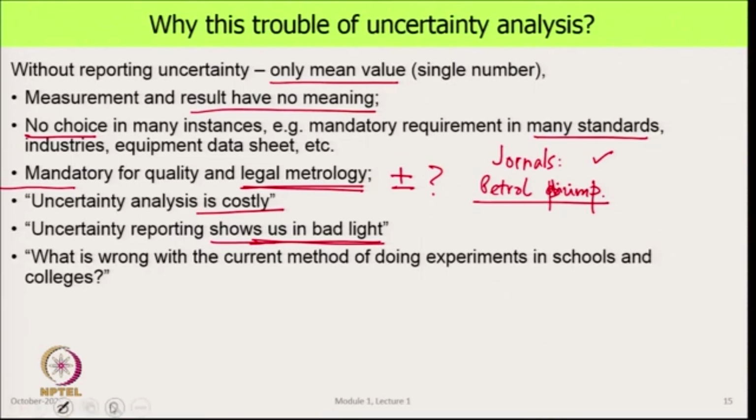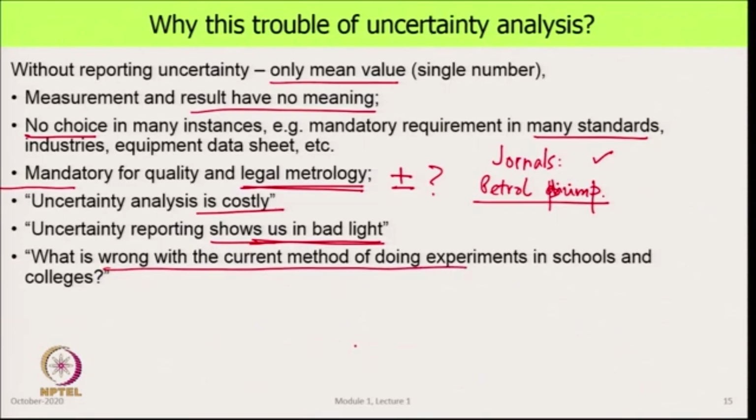And this last question that I put is in the context of education, schools and colleges, where in most cases we just report a number or plot points without showing the uncertainty bands, and this is how we have been teaching. We have been teaching it for so many years. And so some would say, well, what is wrong with the current method of doing experiments and teaching students?